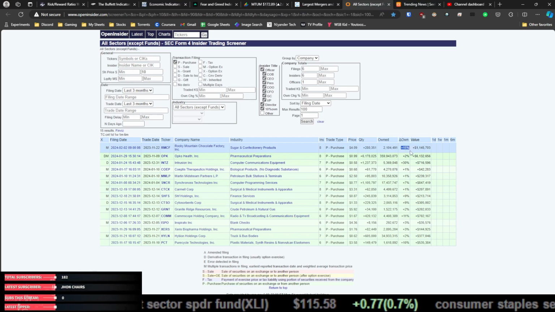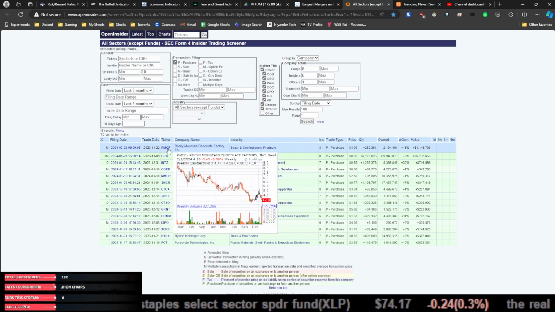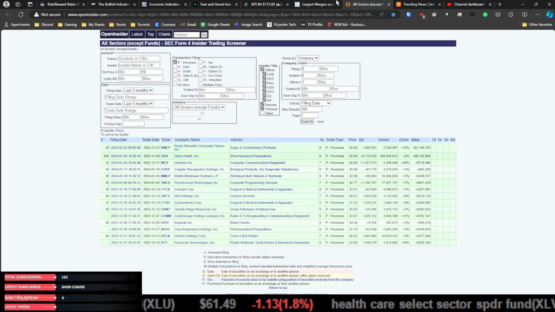Their ownership is up 15%, valued at a little over $1 million. So definitely something to keep in mind. Could be a little something happening there. Like I said, however you feel comfortable, evaluate the company first, but it's a pretty big insider trade. So definitely worth keeping an eye on.